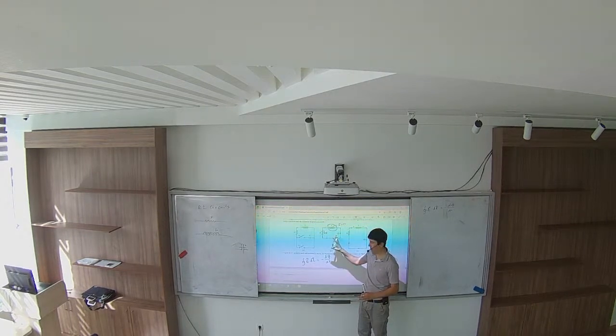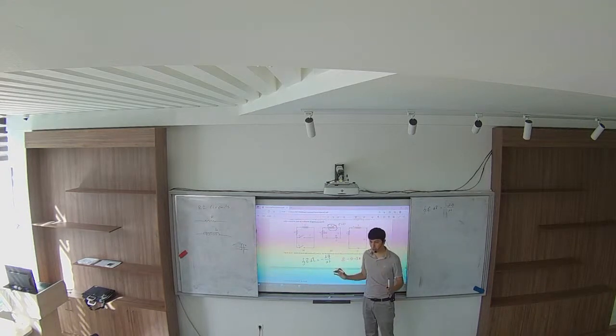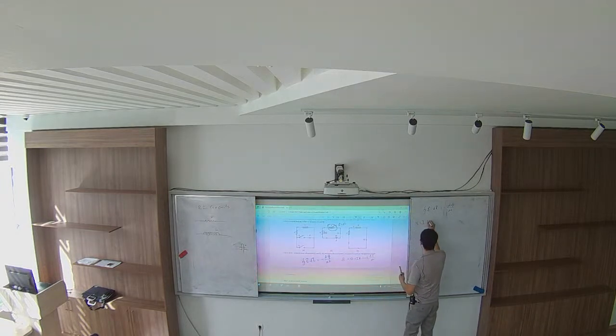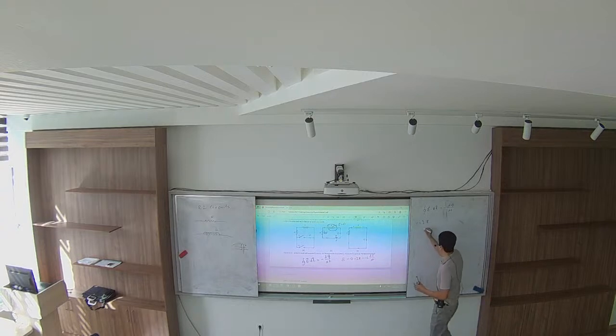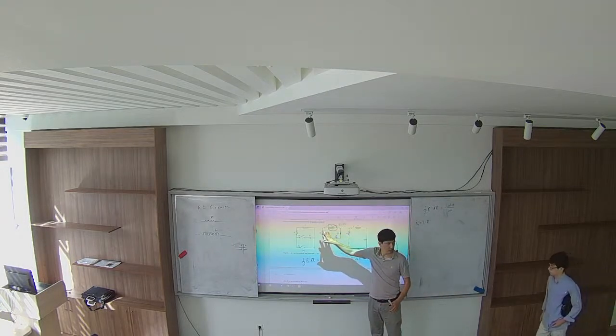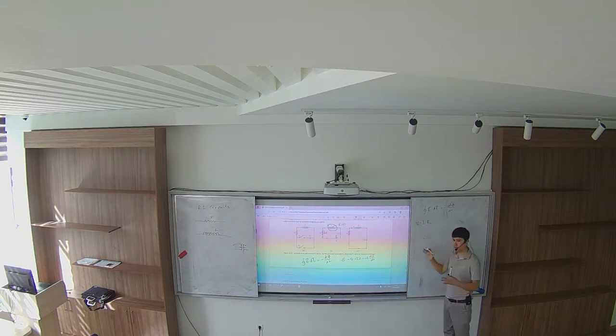The power supply, E, the inductor, and the resistor. The inductor has no resistance, so the potential difference is I times R. If I want to find the voltage drop of the inductor, I need to use current times the resistance of the inductor.